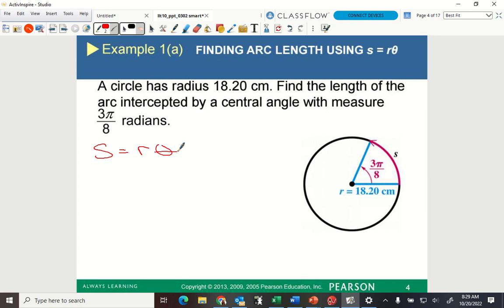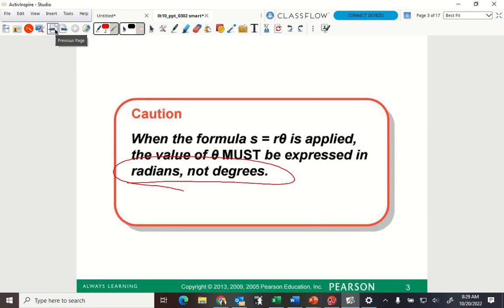R, what do you think R stands for? Radius, right? Of the circle. Theta is my angle, and my angle has to be in what mode? It has to be in radians, not degrees.